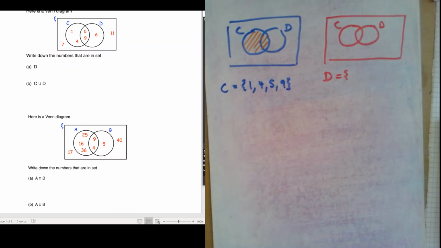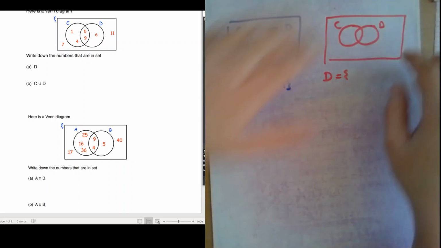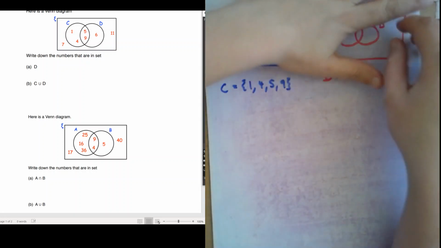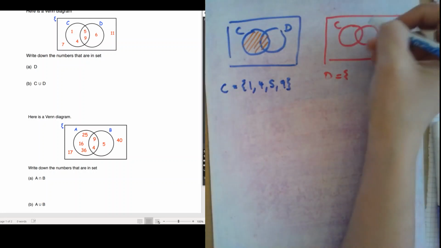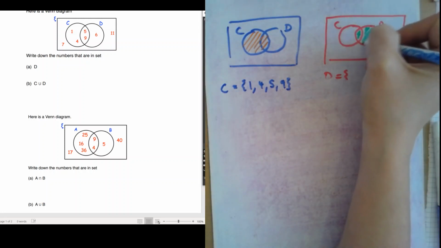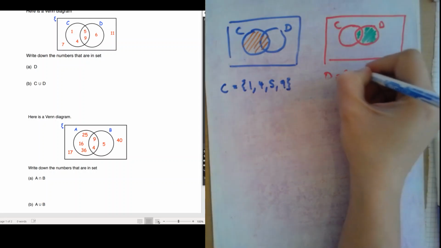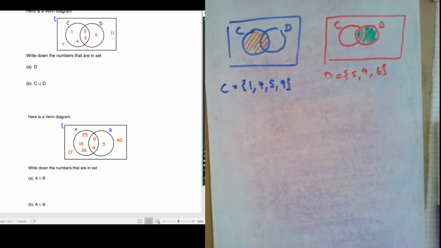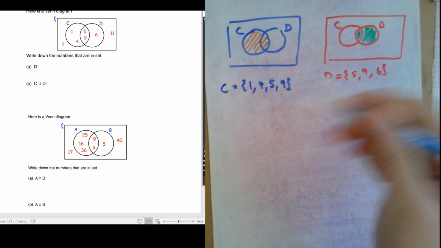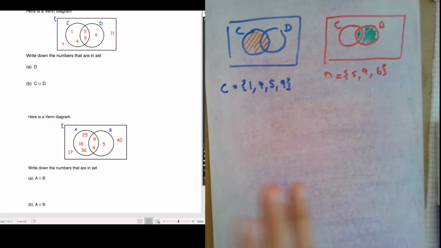So if I just want to find out what D is, that means I don't really care about C. The only thing I care about is D right there, everything within that D and that D alone. So if I choose everything in there, it'll be 5, 9, and 6. Okay, I'm not doing it ordered, I'm just taking the numbers as they are. If it was ordered, obviously it would be 5, 6, 9, but whatever.